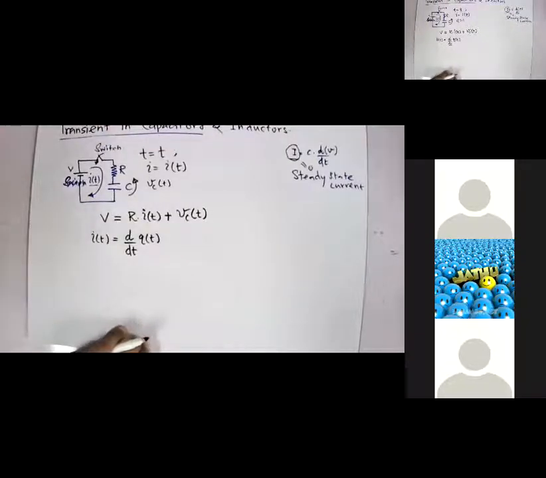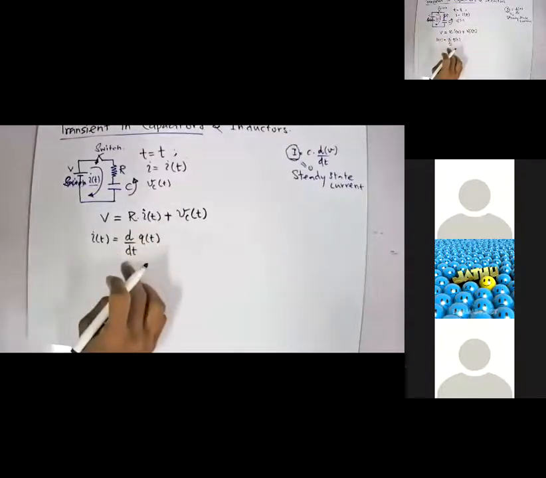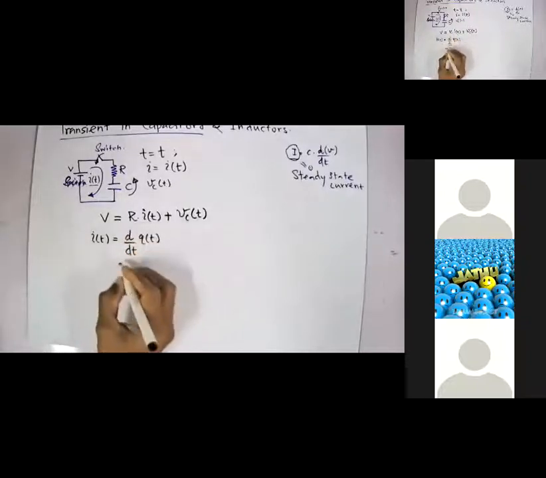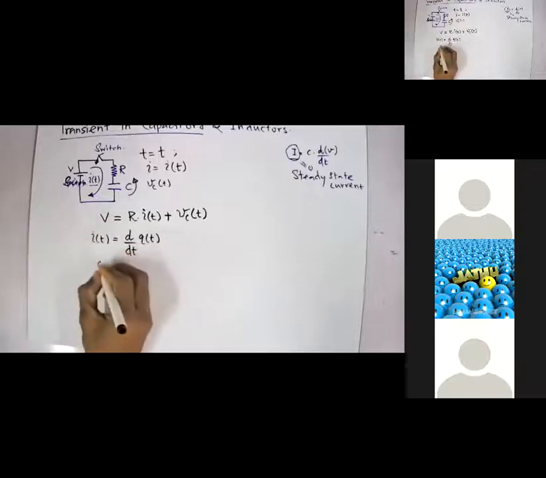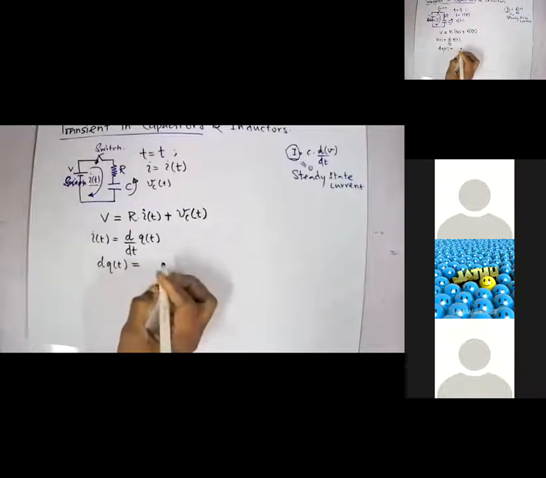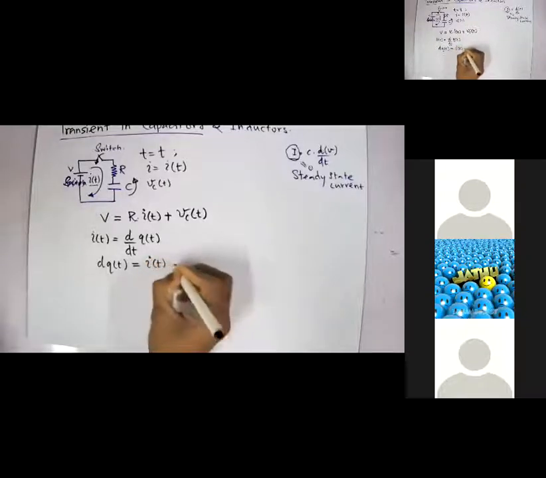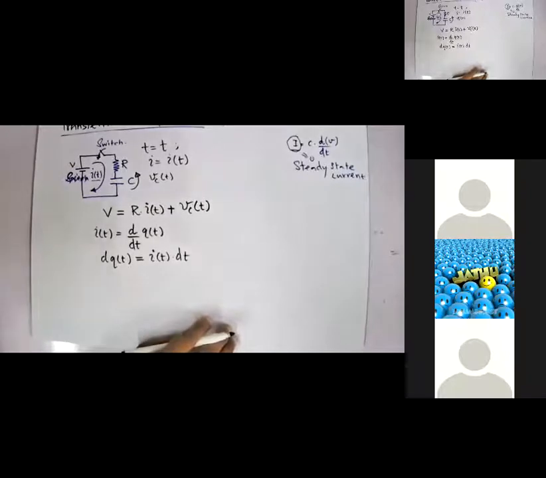Now just combine these two together. From this equation, cross multiply, so dq of t can be written as I of t into dt.